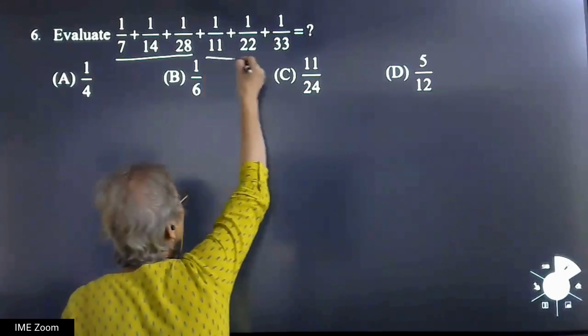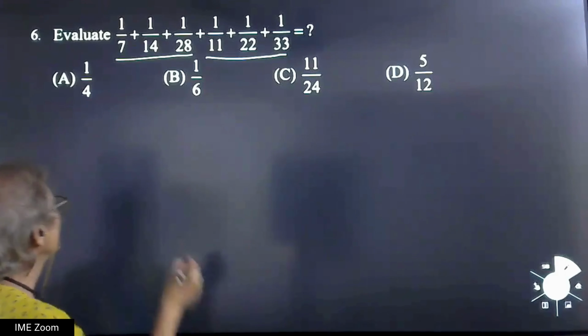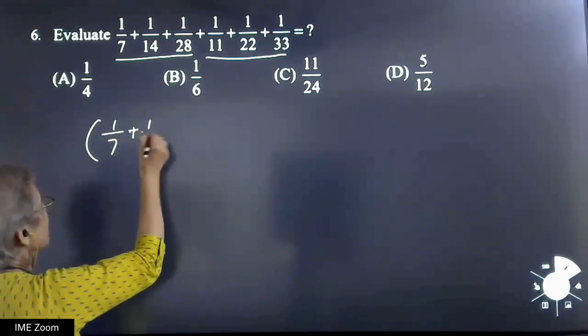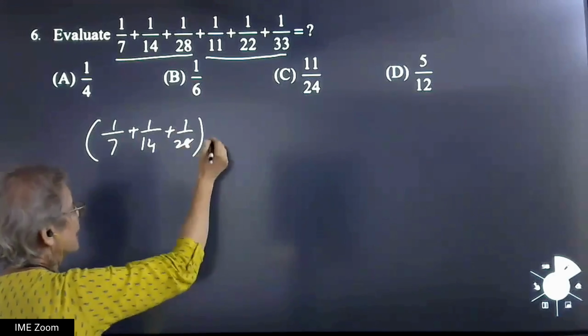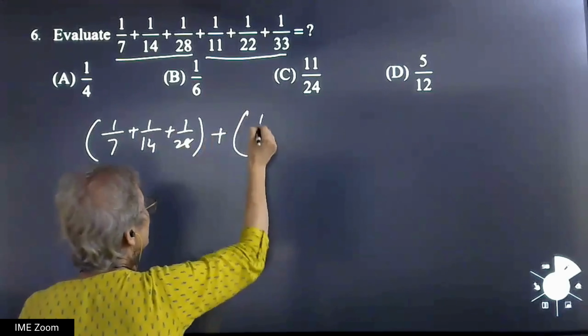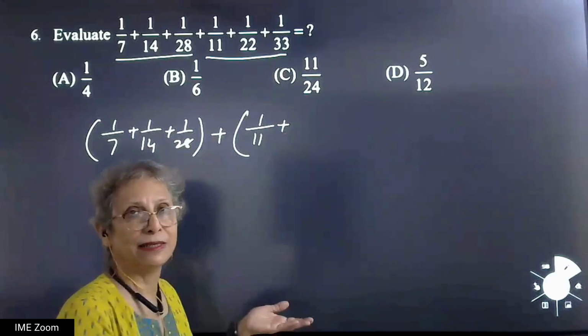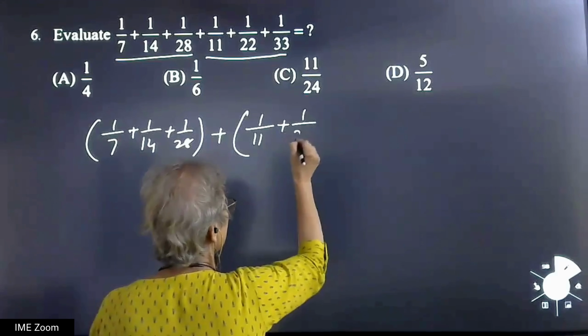Same way here also. So we will make 2 groups. In one group, we will write 1 upon 7 plus 1 upon 14 plus 1 upon 28. Then plus another group 1 upon 11 plus 1 upon 22 plus 1 upon 33. So that becomes slightly easy instead of taking all together.